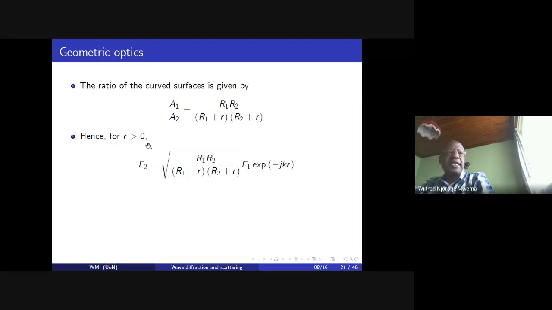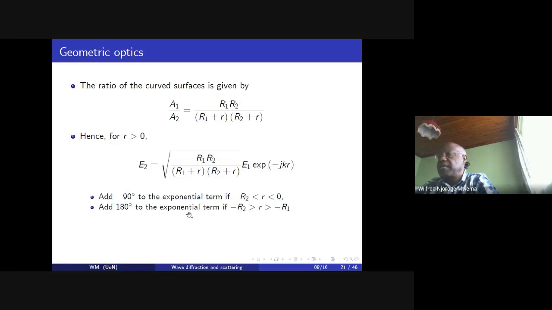So when R is greater than 0, then E2 will be given by the square root of R1 R2 over (R1 plus R)(R2 plus R), multiplied by the field at the position of A1. Whenever R is between minus R1 and minus R2, that is, less than R and less than 0, then we add a minus 90 degrees phase term to the field factor, and we add 180 degrees if R is actually greater than minus R, or when that condition is satisfied.